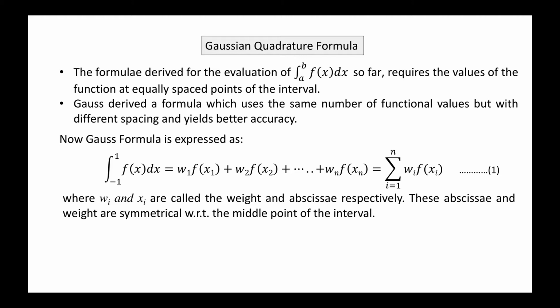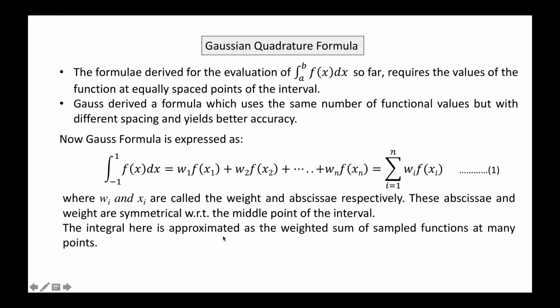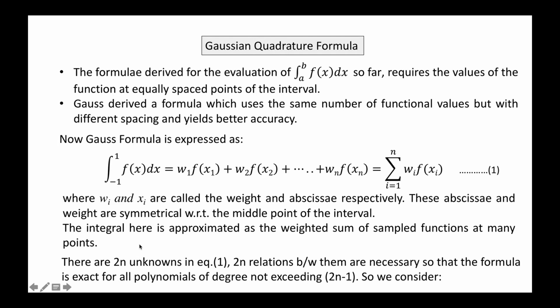The Gauss formula provides you this kind of facility of weighting the function. You can give weight to that particular function according to its importance in the integral. So the integral here is approximated as the weighted sum of sampled function values at many points.